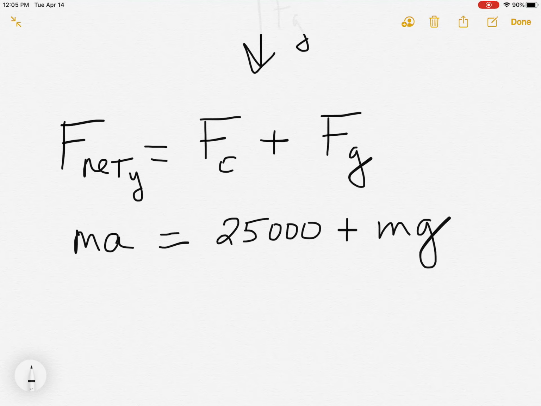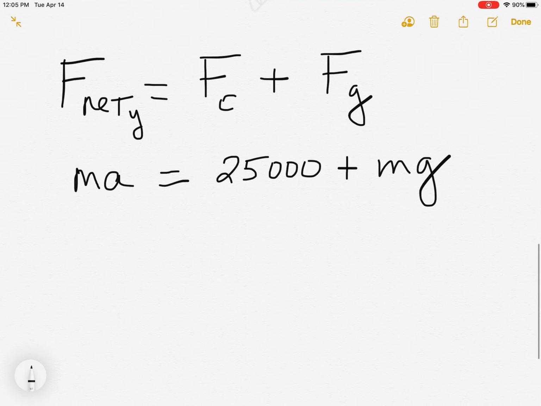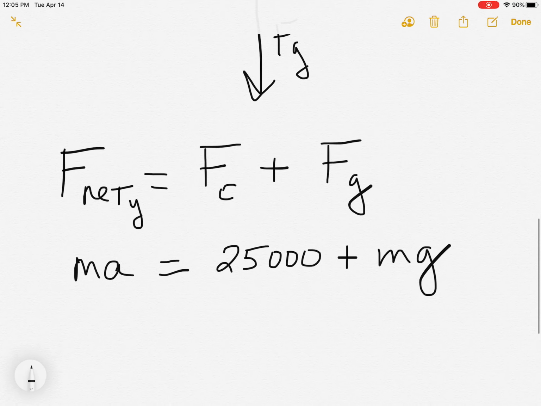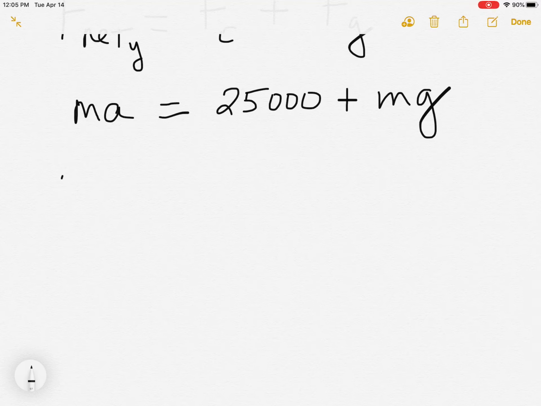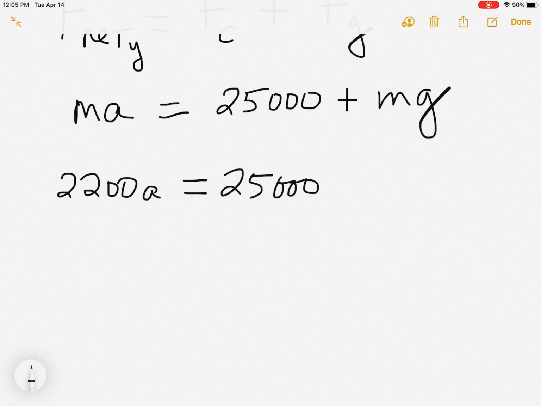Now the downward force, well, I'm just going to put in mg first of all before I start putting any numbers in there, because we don't really know yet what those numbers are going to be, right? Remember that rule, Fg equals mg. That was the formula from gravity. Okay, let's keep going. Now the m is our mass. Our total mass is 2,200. a equals 25,000.